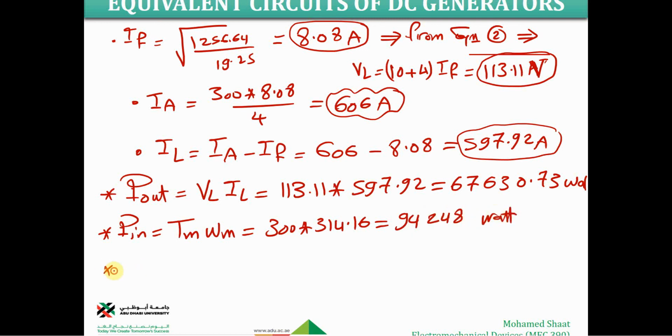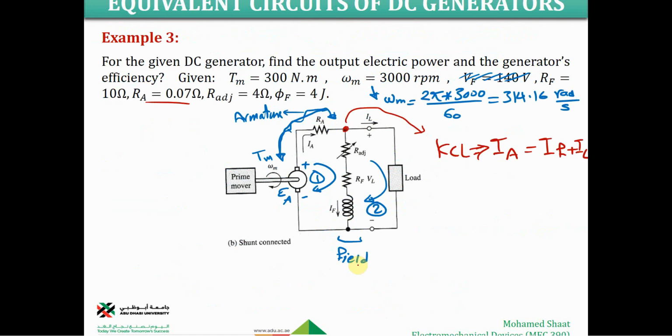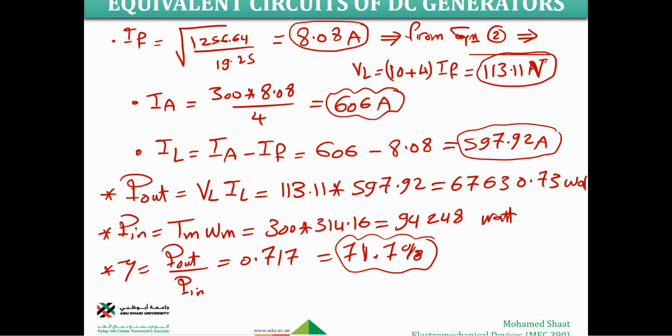Then we can simply calculate the efficiency of the generator as P output divided by P input, which is going to give us 0.717, which should be 71.7%. This is going to give us the efficiency of this DC motor in the shunt connected configuration. Make sense? So this is for this example.